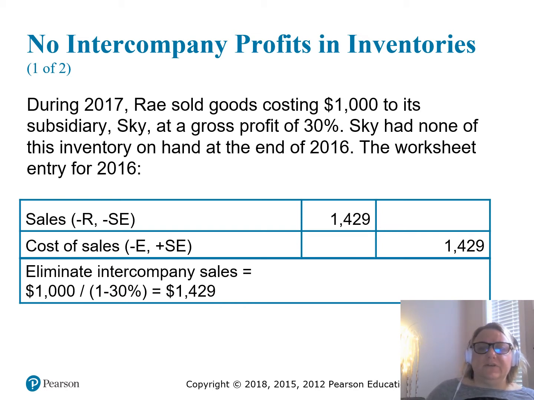Because the information you're given is the goods cost $1,000 and the gross profit is 30%. So to eliminate it, you're basically going to take off the gross profit and divide by 1 minus 30%, or 70%. So that's our worksheet entry. And basically what we're doing is shearing off the gross profit.